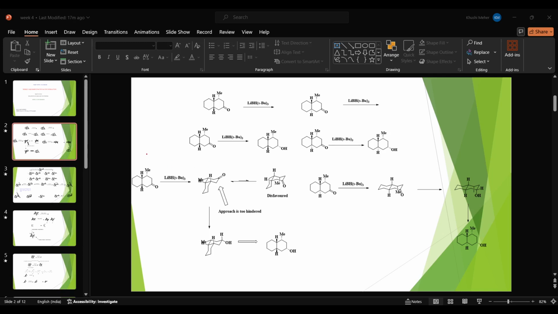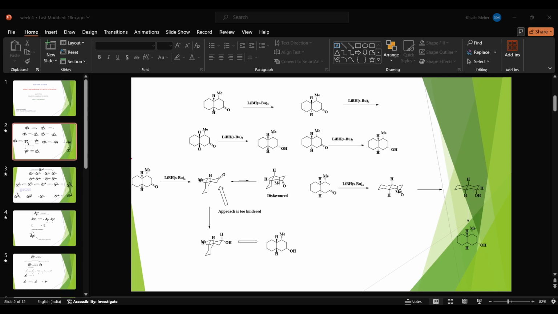You will see that the first one is much more stable as compared to the second one. Why? Because in the first one this methyl group will be in the equatorial position, as compared to the second chair conformation, where the methyl group will be in the axial position. That's why the first one is much more stable.